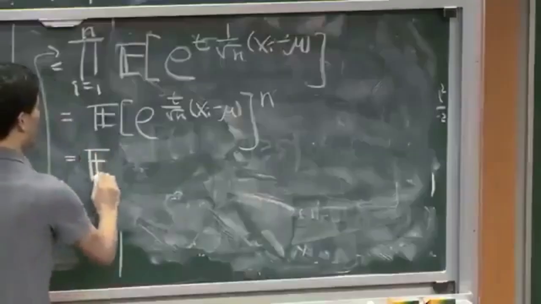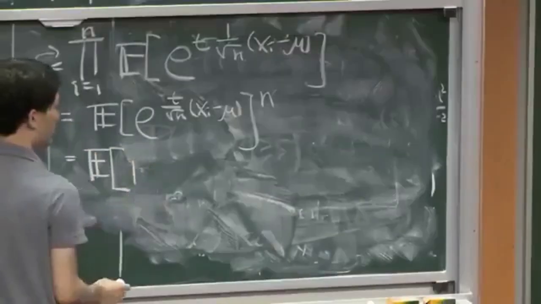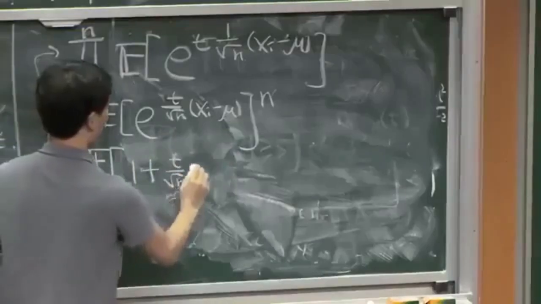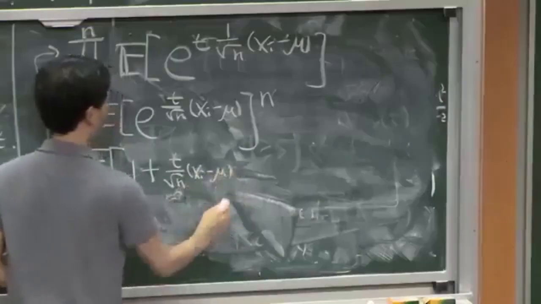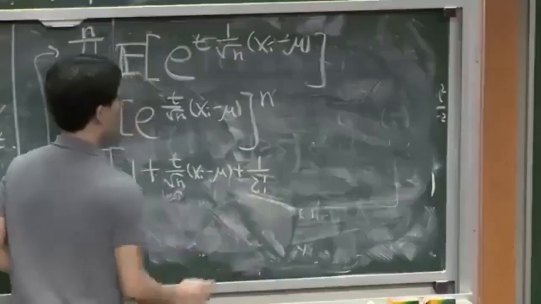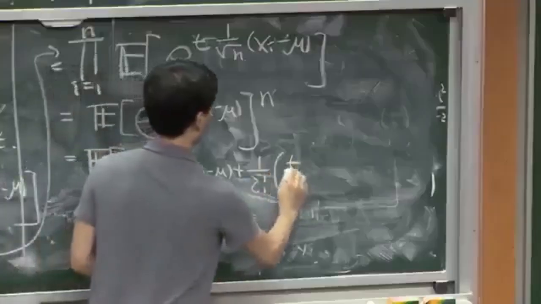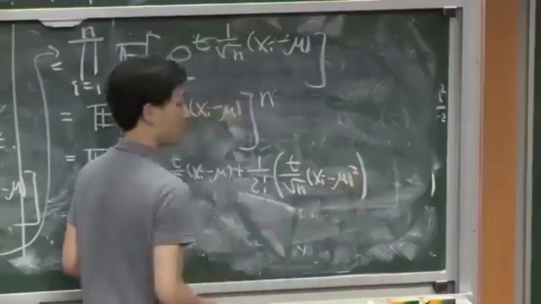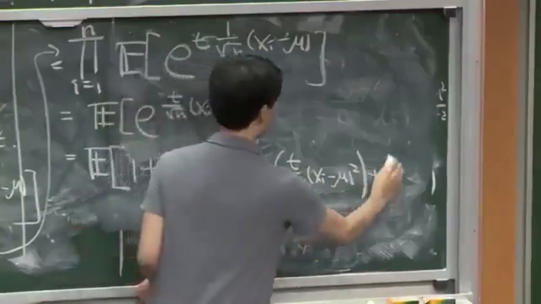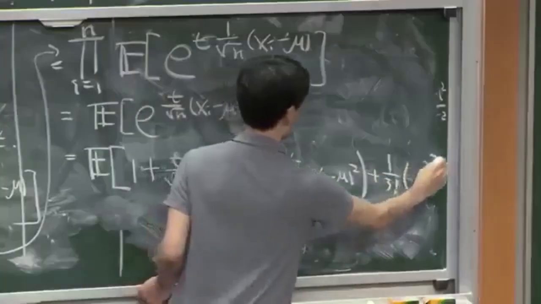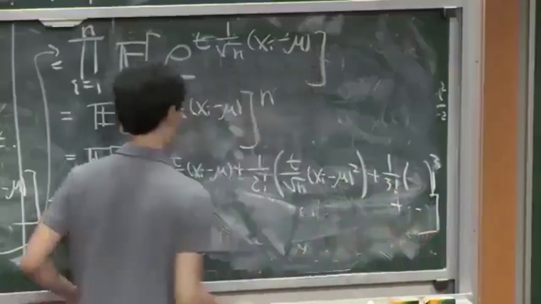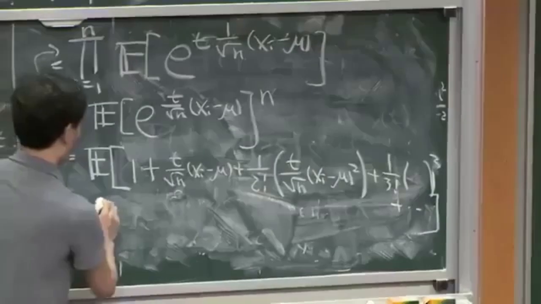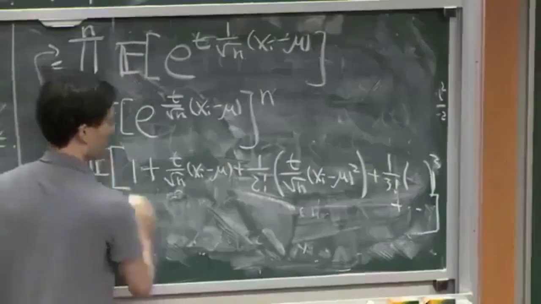What we get is the expectation of 1 plus t over square root n, Xi minus mu, plus 1 over 2 factorial, that squared, t over square root n, Xi minus mu squared, plus 1 over 3 factorial, that cubed, plus so on, to the nth power.